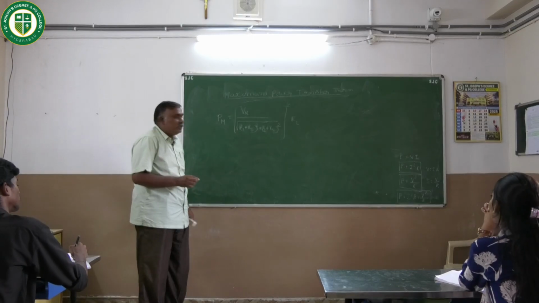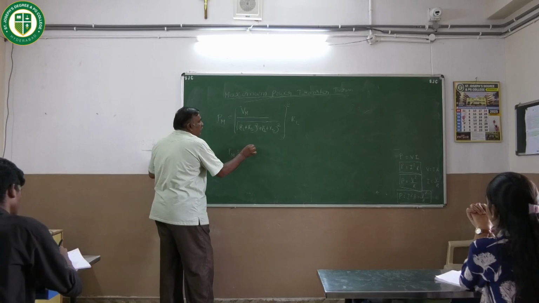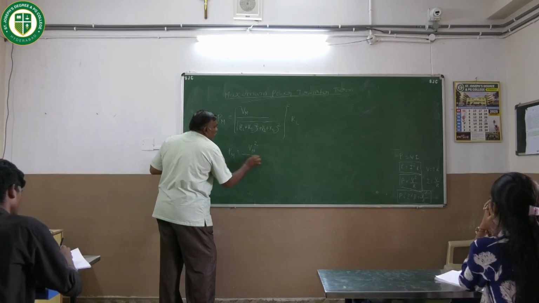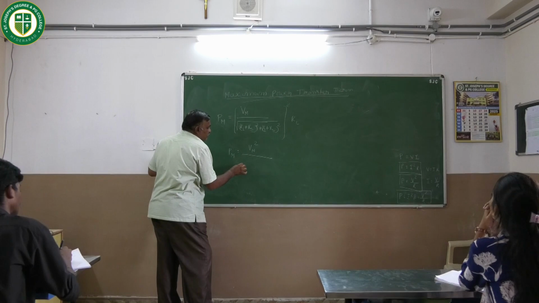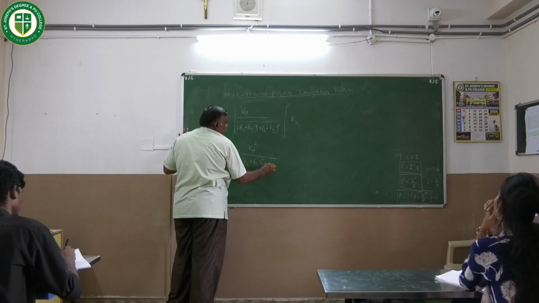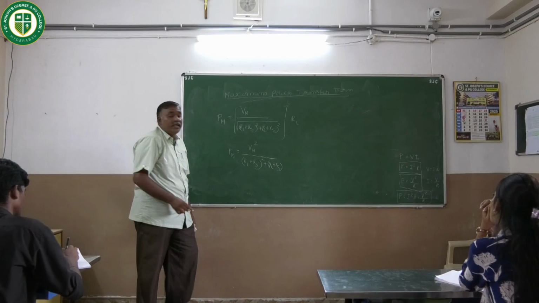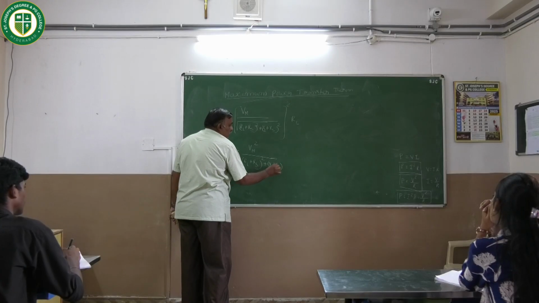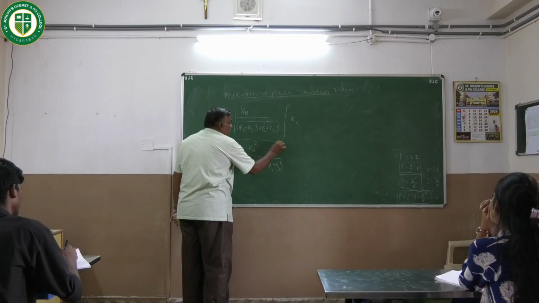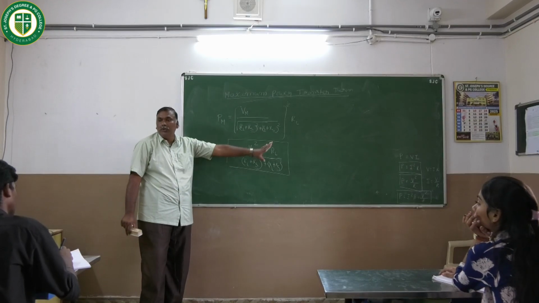Am I right, class? So PM is equal to VM square, and the square root cancels with the square. What you are left with is RL plus RS whole square plus XL plus XS whole square, into RL. So this is the maximum power that is delivered by the source to the load.